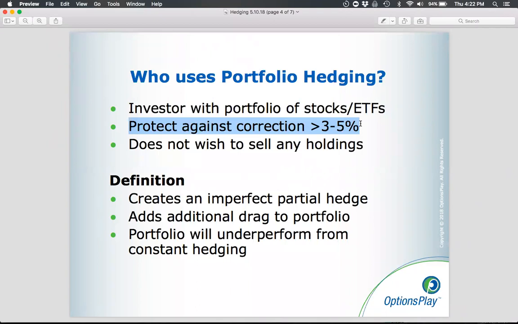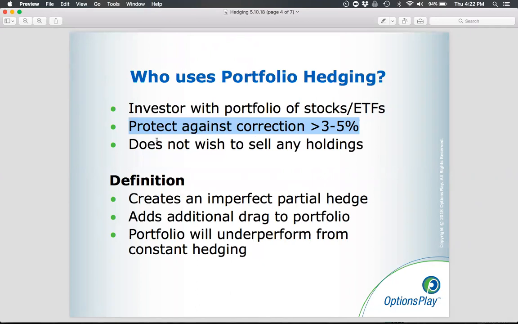So unless you expect a move of greater than 3 to 5%, it's simply not worth the amount of money you're going to spend to hedge your portfolio. So think about buying an insurance policy, right? If it costs you 1% of the value of the thing that you're insuring, but you don't think you're going to lose that thing, you're not going to buy insurance on it. So it's really dependent on how far do you think the market's going to correct versus how much it costs you to buy that insurance.